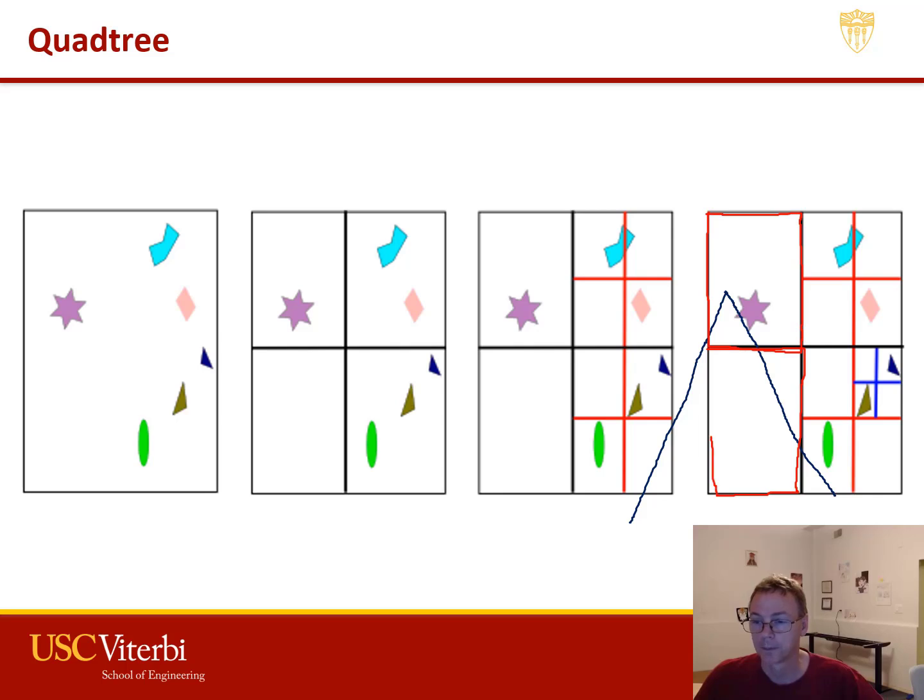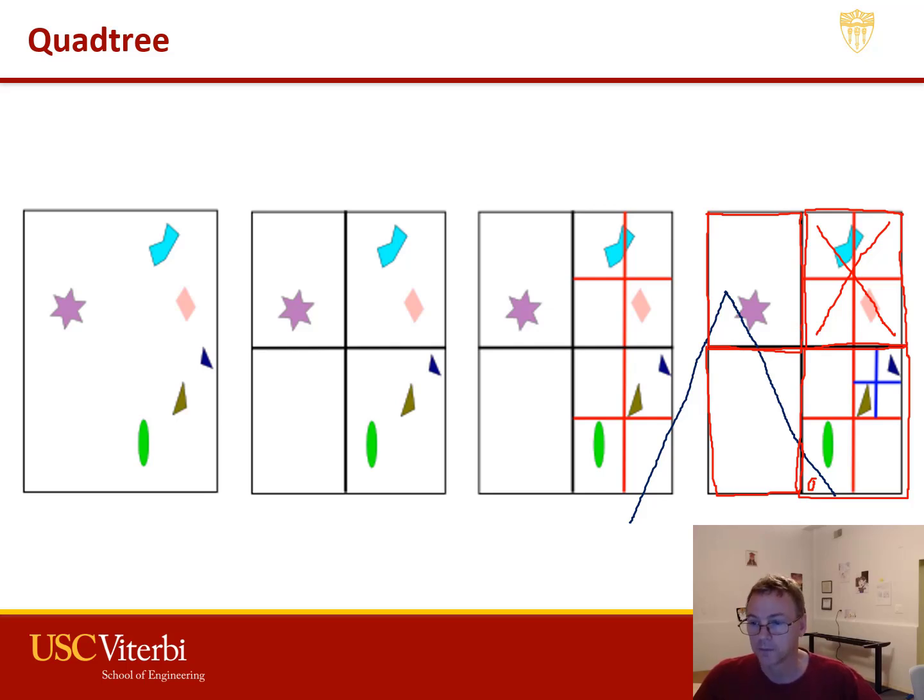There's some overlap there. This one, the top right quadrant, is completely occluded, so we will not traverse that one at all. We'll just cut that off. How about the bottom right one? Yes, it overlaps a little bit, so we need to go into the children of that.